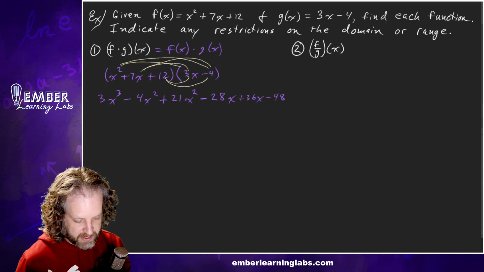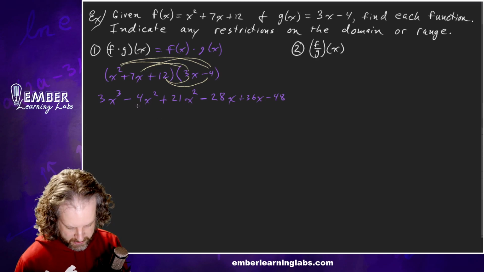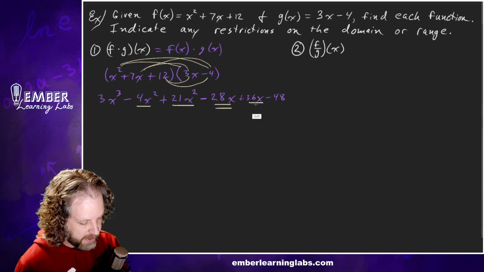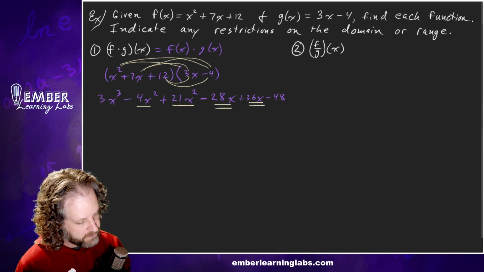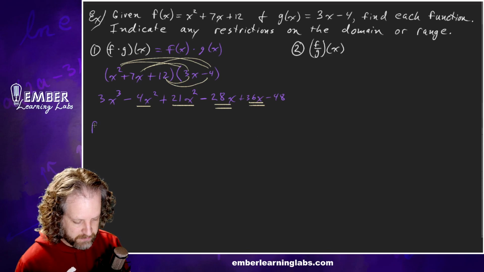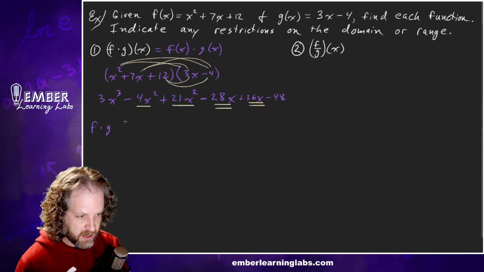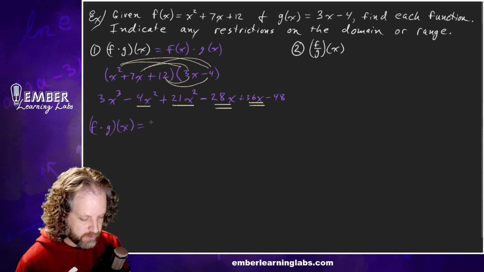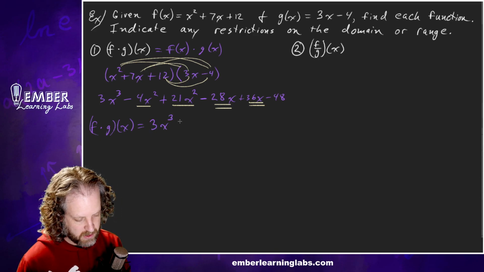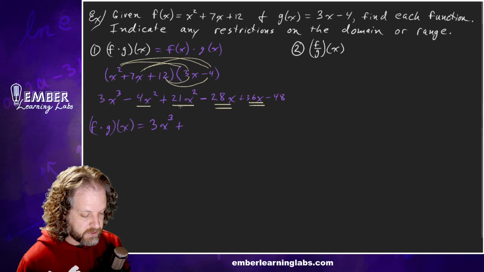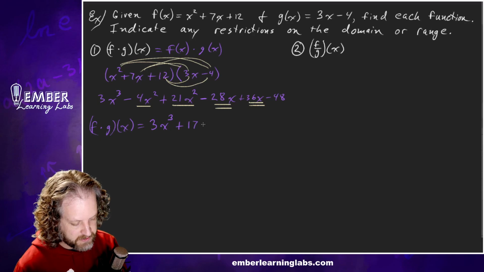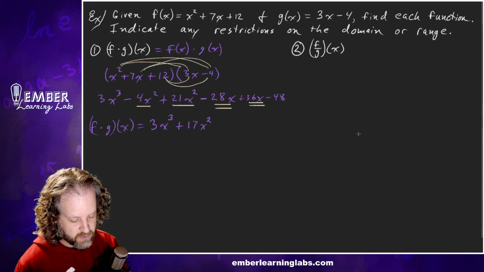Do we have any like terms? Let's take a look. I bet we do. In fact, we have one right there with that one. And then these two are alike as well. So f times g of x equals 3x cubed plus, negative 4 plus 21 is 17, 17x squared.